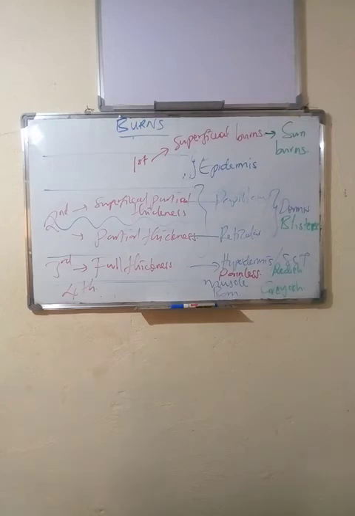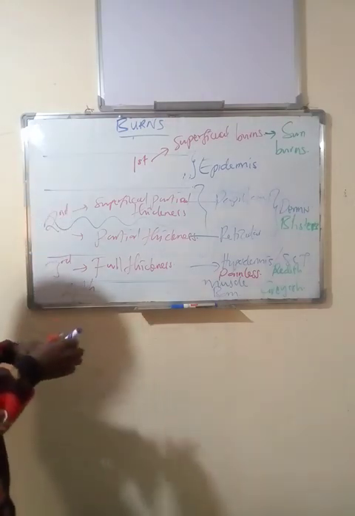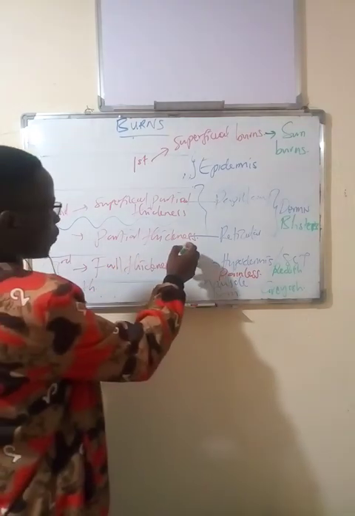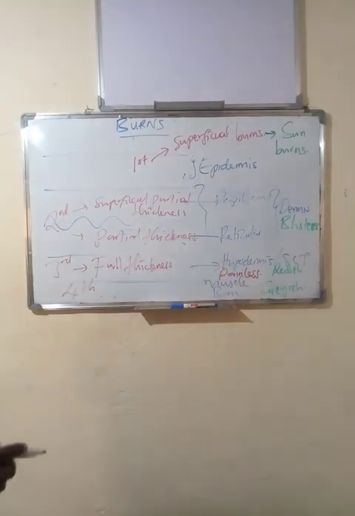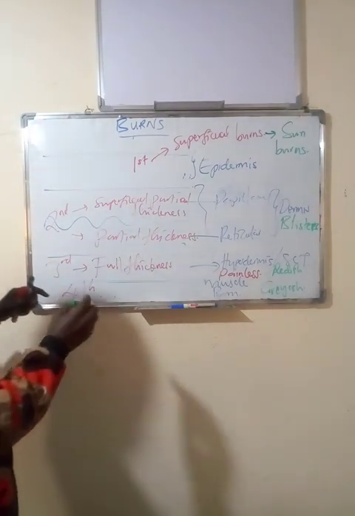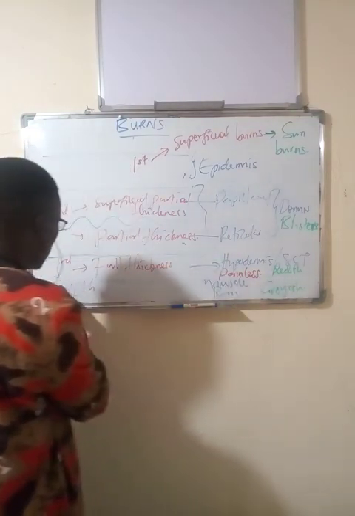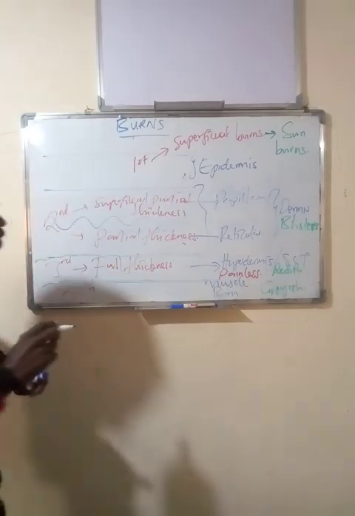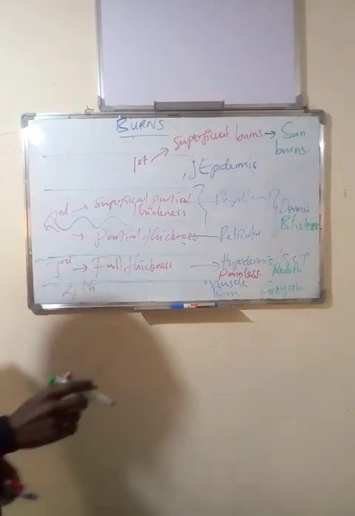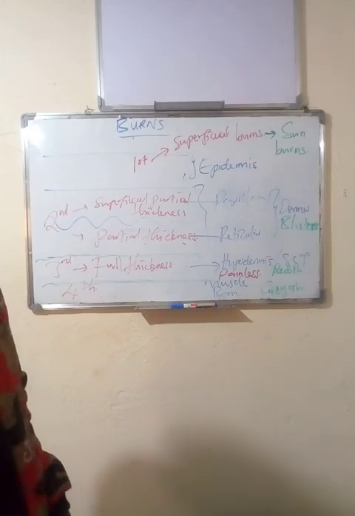Specifically in this case, when you're talking about burns, remember, the pain fibers are somewhere in the reticular dermis. That's why you find the nerve endings attached to the dermis. So if the burn goes all the way up to the subcutaneous tissue, it means that the nerve endings have all been destroyed, and because of that you are not able to sense any pain.